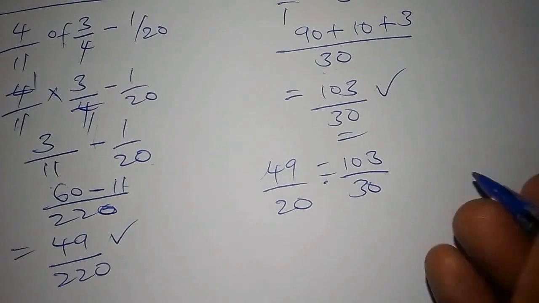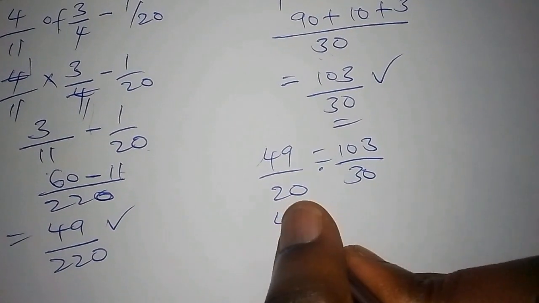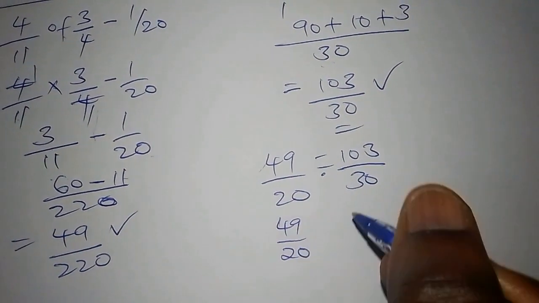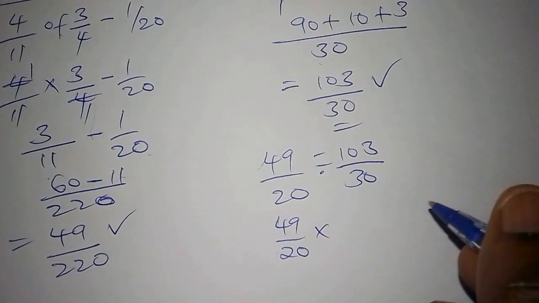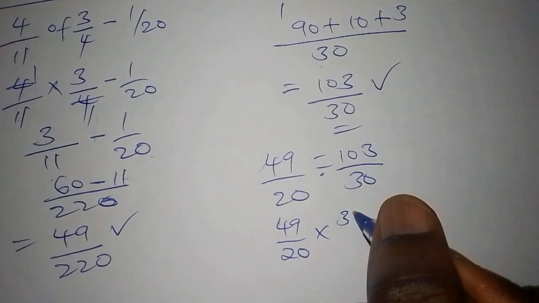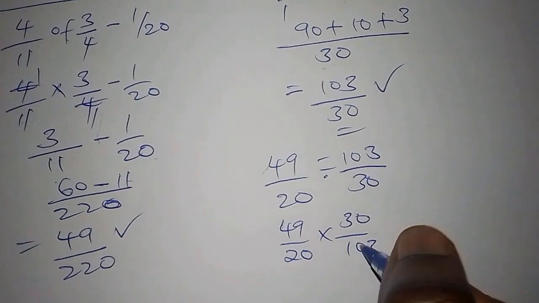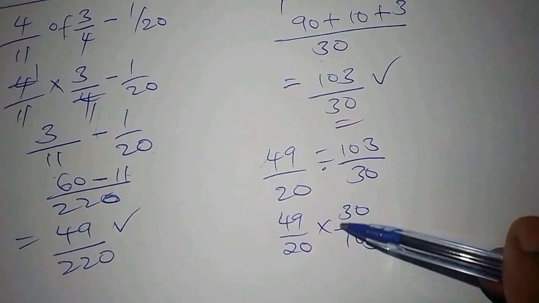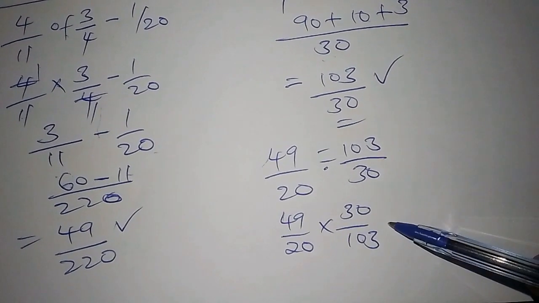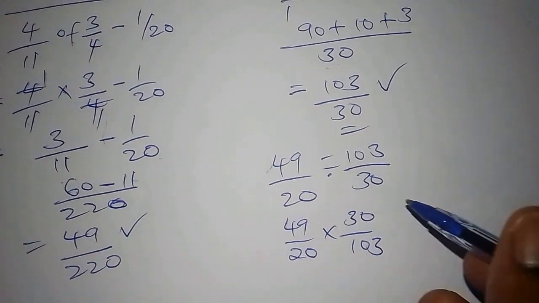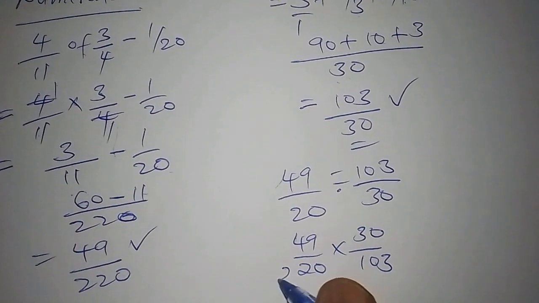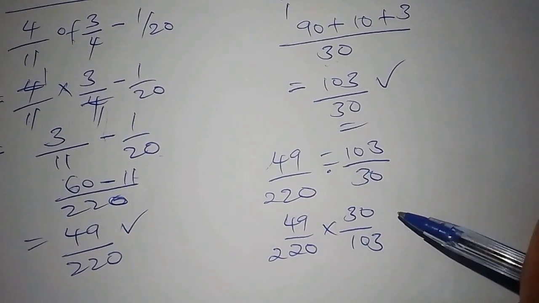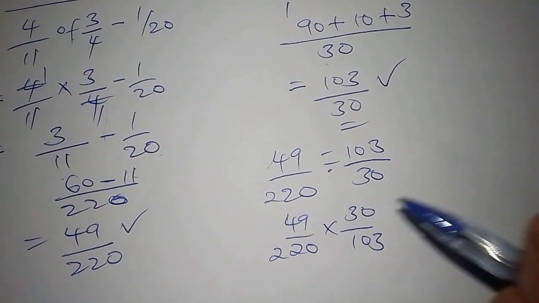When you finalize this, we shall get 49 out of 220, then we change this sign here to multiplication, then we have 30 out of 103. As you can see, up to where we have reached, there is no number that can cancel all this.